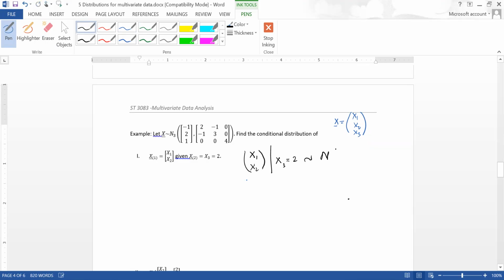You know that it's normal. You have to find the mean vector and the variance-covariance matrix. The main thing is you have to pick the values correctly. So before going there, I'm asking, what would be the number here?